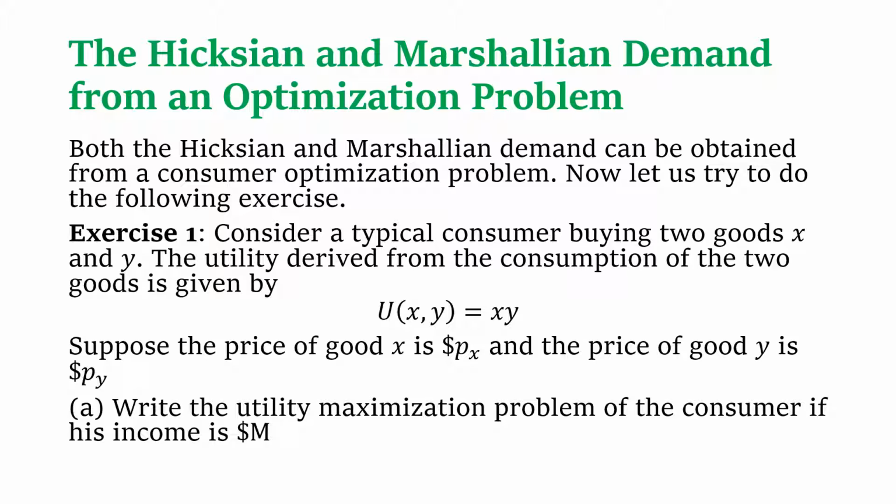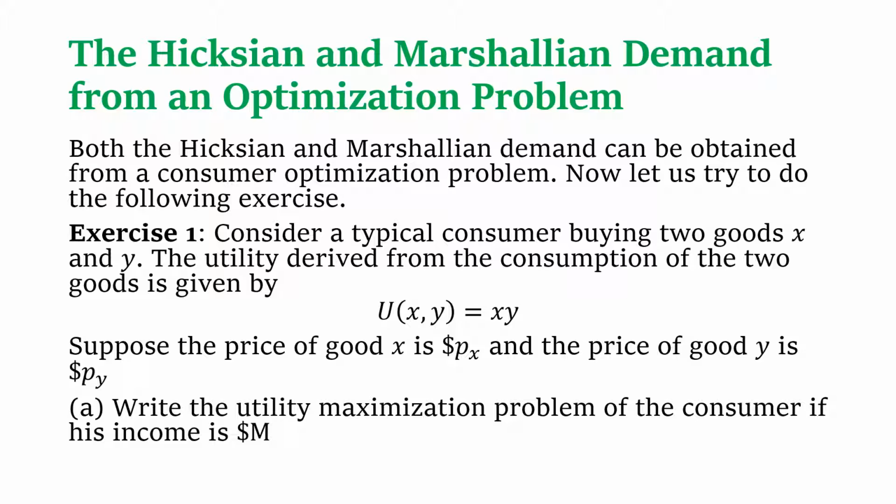Whatever the consumer does, however he tries to maximize his utility or satisfaction, he always has to be mindful of his limited income. It's restricted by the amount of money he or she has, right? So that's why we say that is the constraint, right?